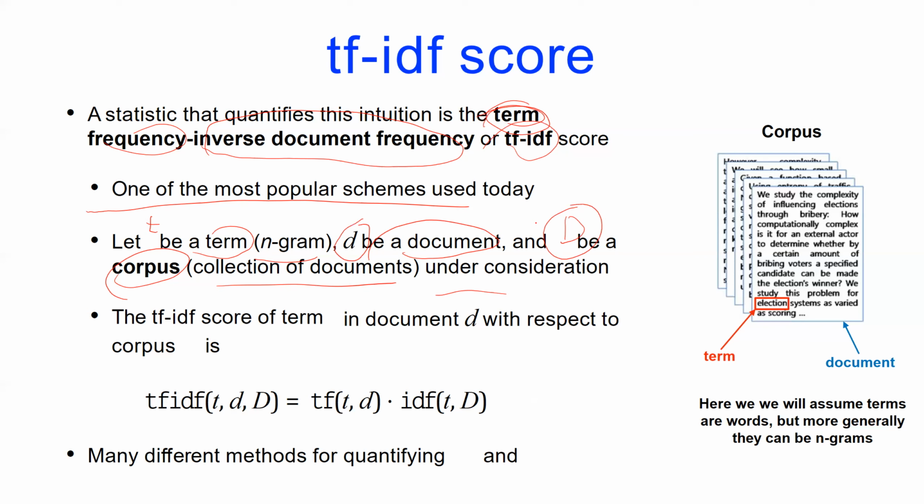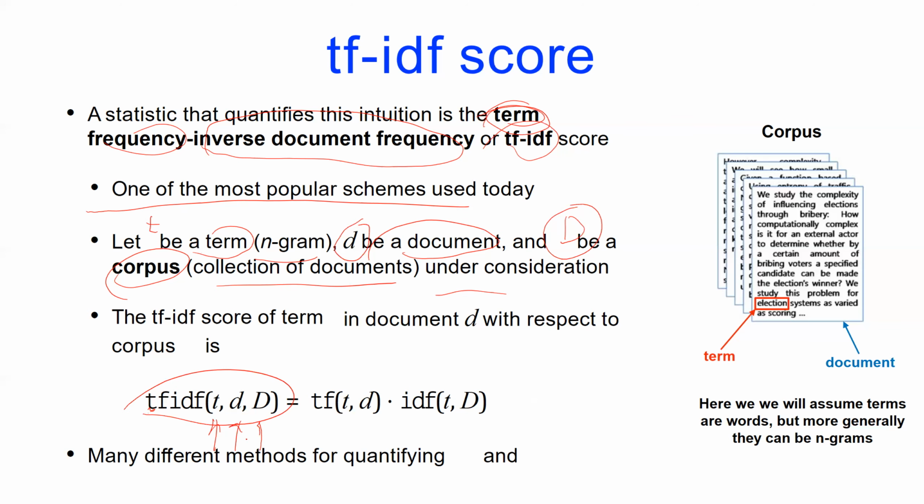All right, so now we are ready to calculate the TF-IDF score of a particular term. Basically, you can think of TF-IDF as a measure, a function over t and d. You need to have a small t, you are looking at a particular t, and then given a d, you have a corpus.